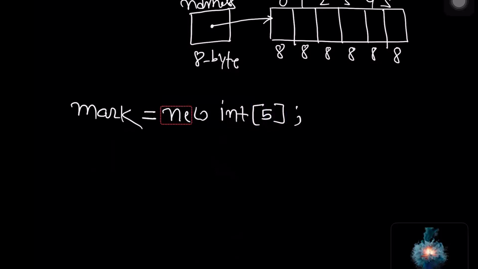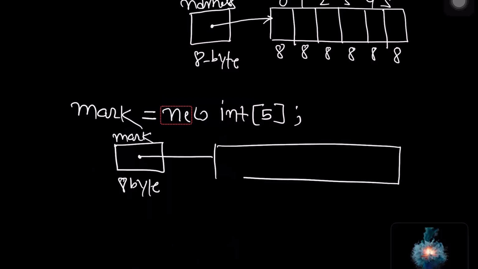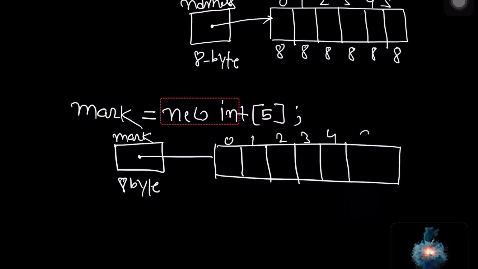Now I have constructed it. So in memory, how does it look? It looks like this. It will take 8 byte. The name is mark. It will point here. 0, 1, 2, 3, 4. So now this is a 5 size, right?